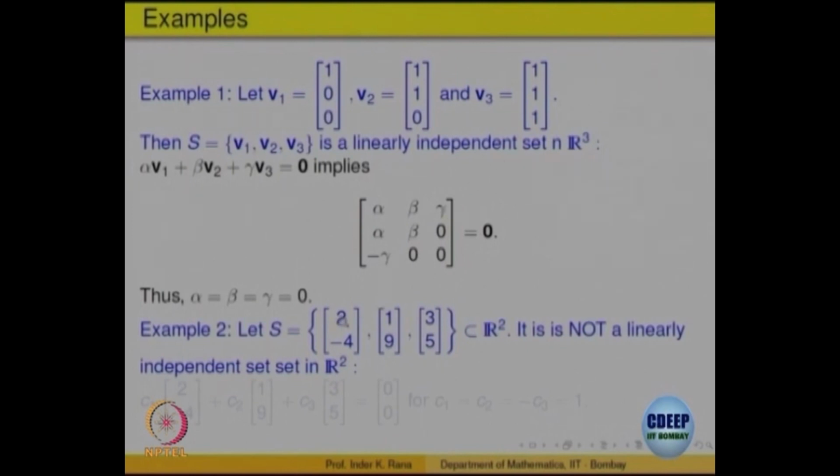So, how will you make the first one 0? First component, for example 2 plus 1 minus 3, that will give you 0. So it says a possibility. If you look at C1 times the first vector plus C2 times the second plus C3 times the third one, where C1 is equal to C2 and the last one is minus 1, this linear combination is equal to 0 and the coefficients involved are not all 0, in fact none of them is 0.